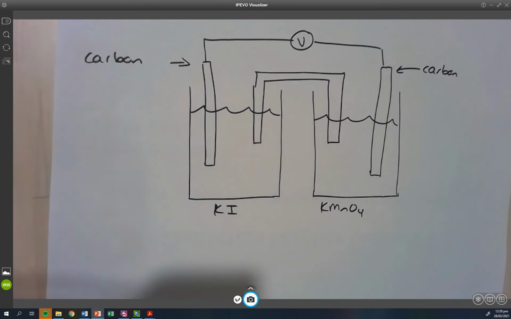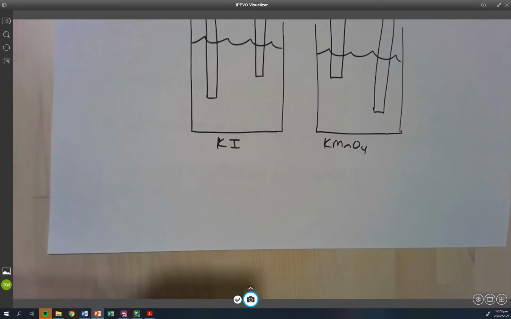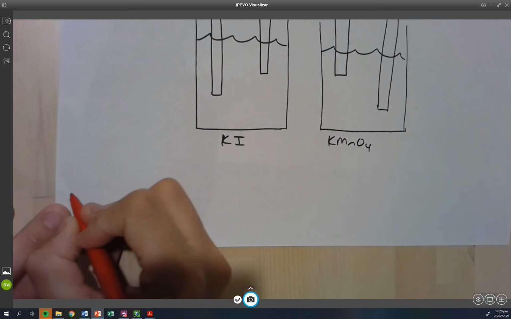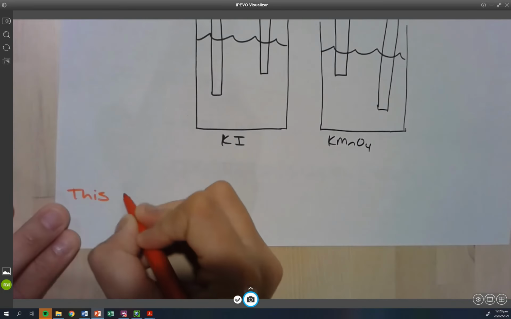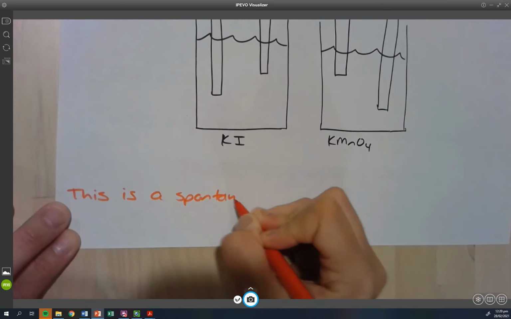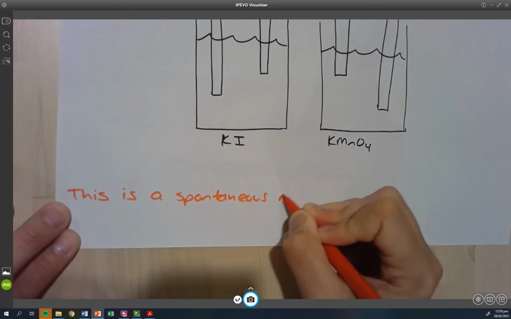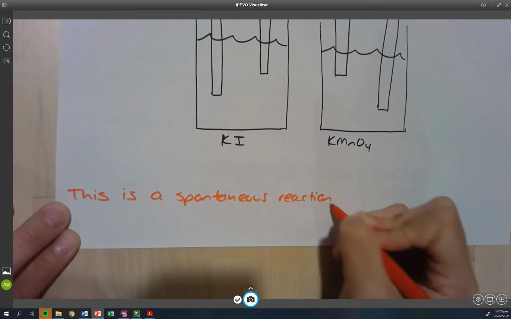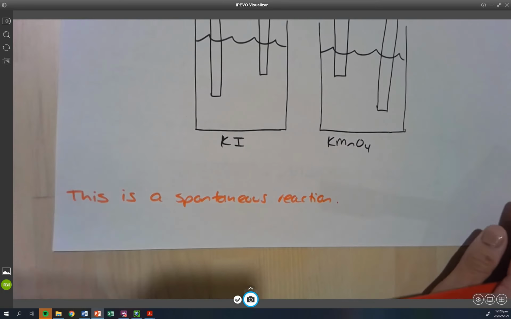So now that I've assigned things, I can start dropping things down. So if you guys remember, first thing I like to always write down is that I know this is a spontaneous reaction. Let's just get that ticked off right away.